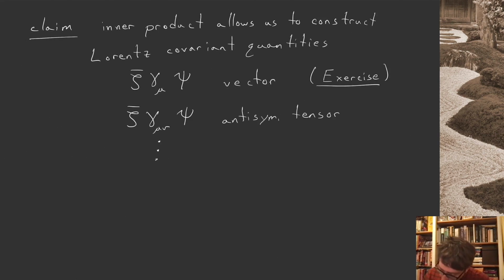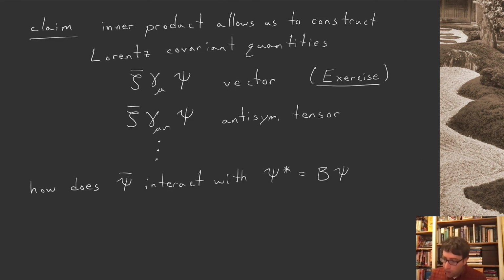So the next thing I want to ask is, how does this new notion of conjugation, this new notion of dagger, which we're calling bar, interact with the Majorana property? So we just follow our noses here. By definition, we have that psi bar is equal to psi dagger gamma 0. And psi dagger, well, that's the same as psi transpose complex conjugate times gamma 0.